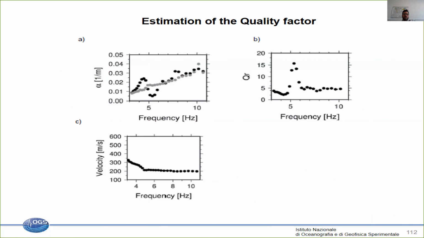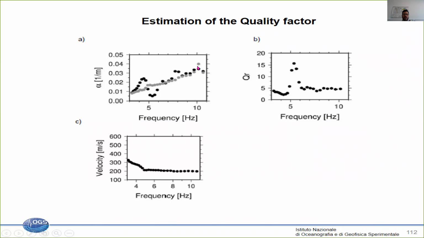Okay, so these are the alpha values that we measure, and after the inversion, this is how we can retrieve it. So in this case, we can make an inversion not only for velocity, starting from the dispersion curve, but also for these black dots that are representing the attenuation for the Rayleigh waves.